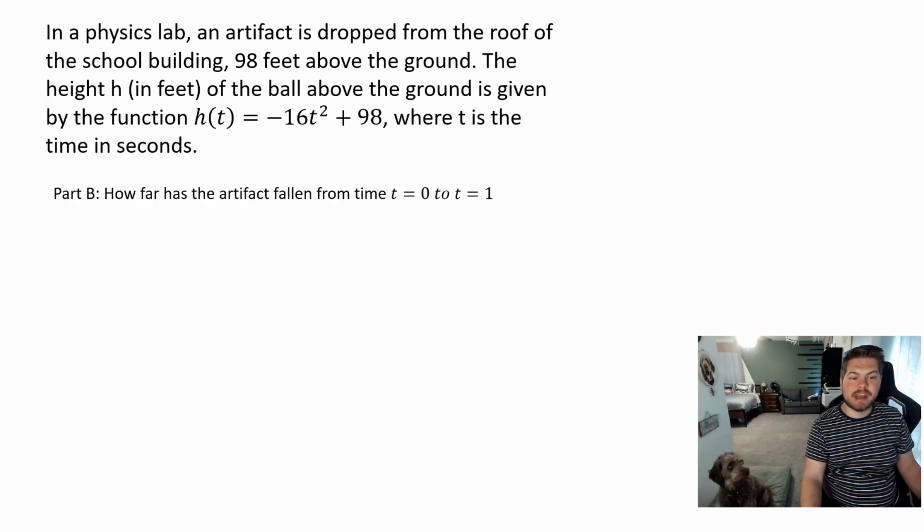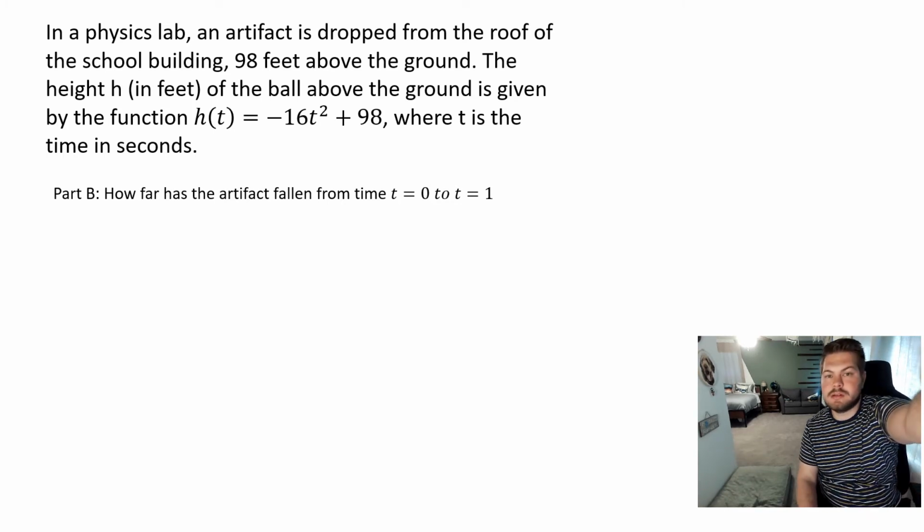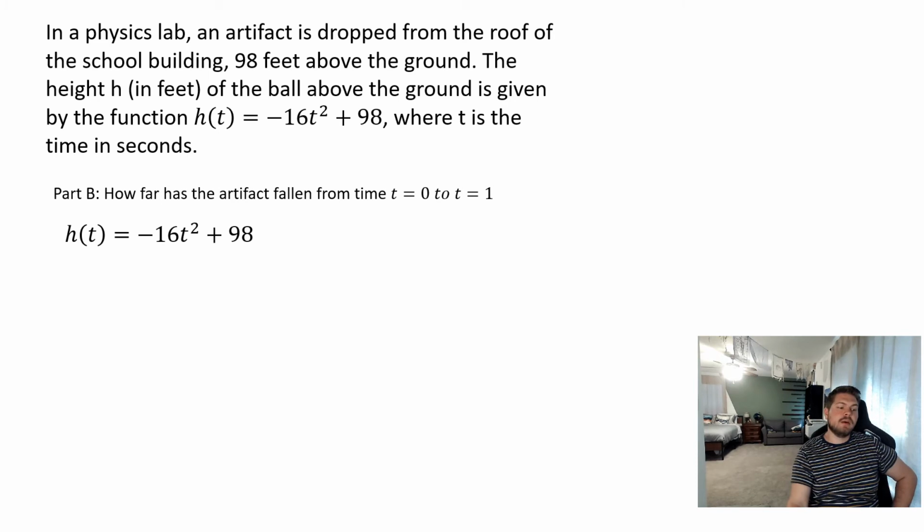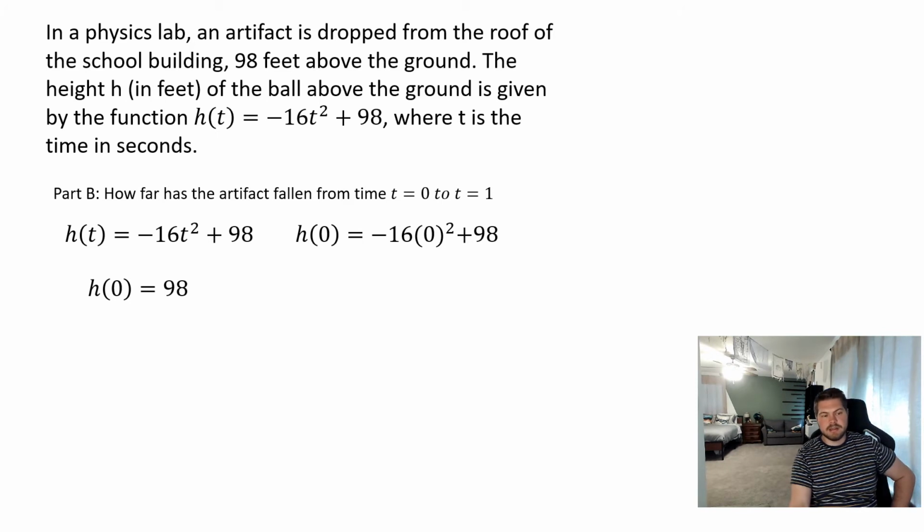So now we're looking at how far the artifact has fallen from time 0 to time equals 1. We're just going to plug them into the equation. We already know what it would be at 0. It would be 98. So let's see what it would be at 1.